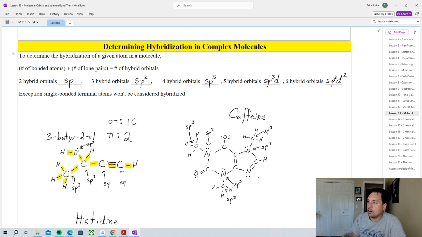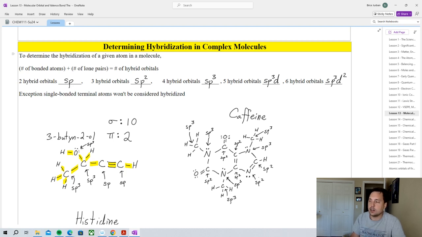And then this carbon on the bottom left has 3 atoms attached, so that's going to be sp2. And all of the carbons are going to be sp2 in this ring system. So we got a lot of sp2 hybridized orbitals, and this nitrogen down here will also be sp2.